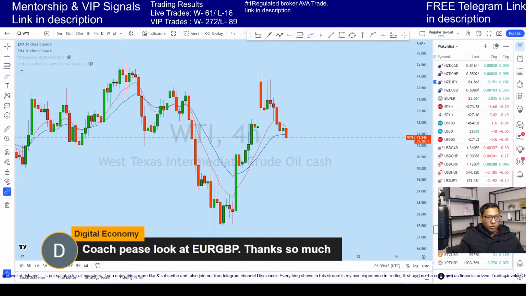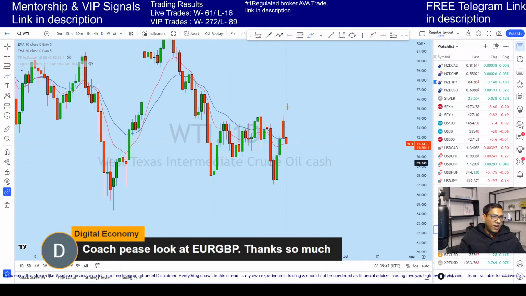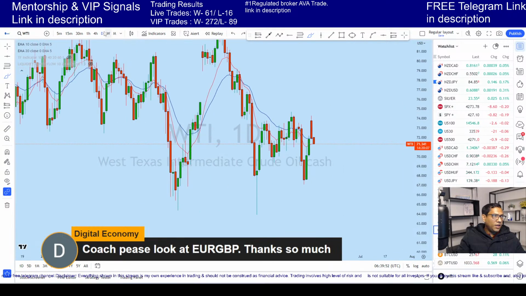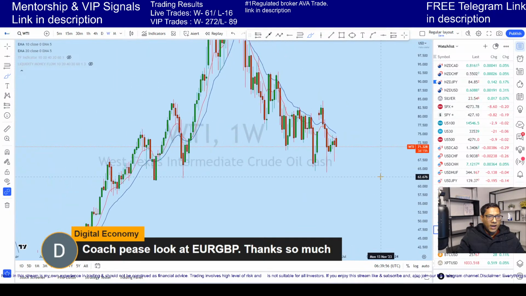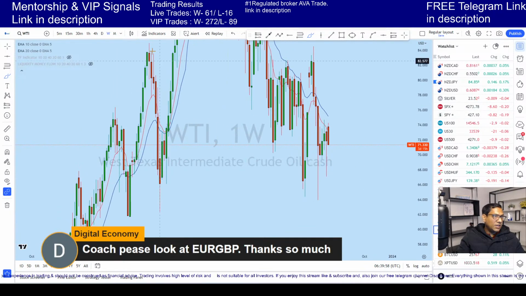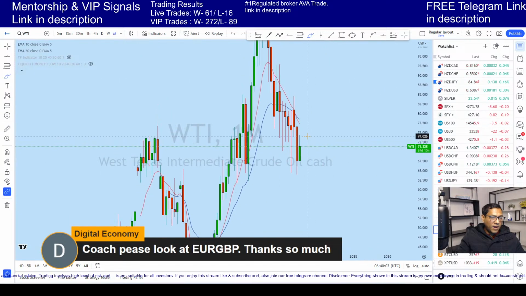WTI US oil. We see that there is a red candle on the daily with this gap opening. So for US oil, I think that we might see more downside. From the monthly, we might see a bit more downside.